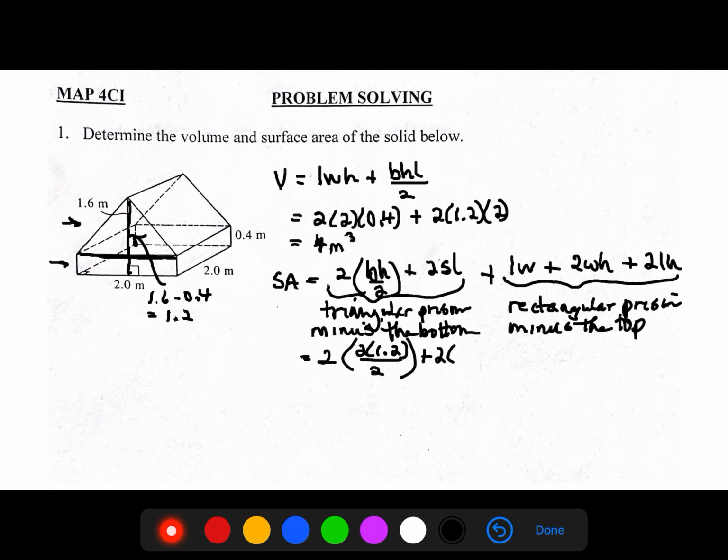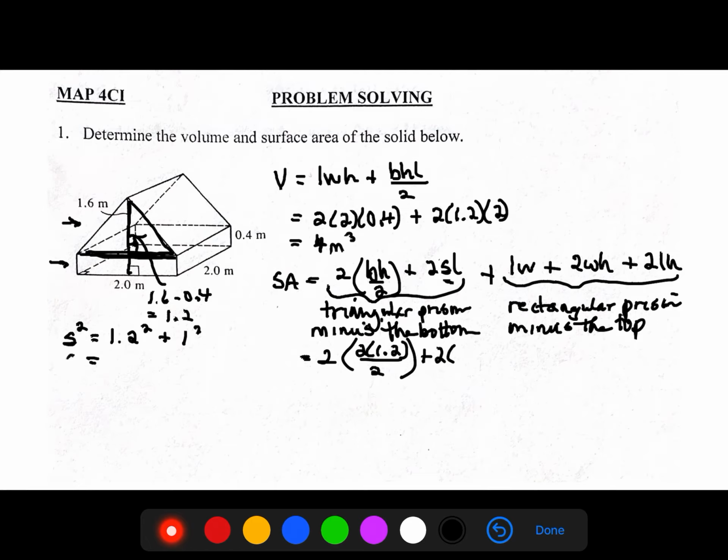So subbing in our numbers here, we're going to have 2 times base times height divided by 2. We're going to have 2, and notice we don't have the slant, okay? So we're going to go back over here, and we're going to have to use our slant squared equals, and notice that we're going to be using our right angle triangle in here.